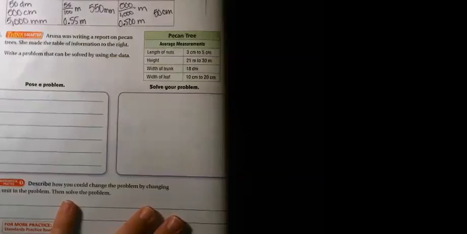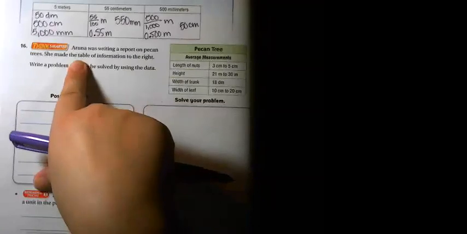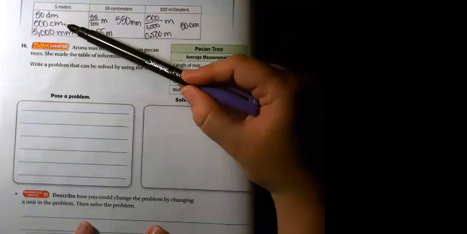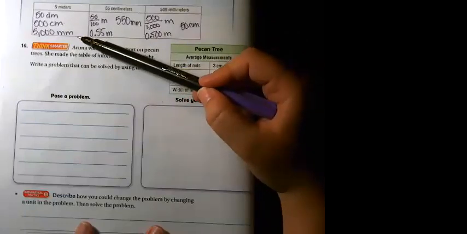So as I go to the next one, I see these are out of meters. And I know from my problems here, I can change meters into decimeters, into centimeters, into millimeters. So decimeters is a really good one to use. So I can use height, the height of a pecan tree. Okay. As I look at the next one, I have decimeters. Well, decimeters can be turned into centimeters or turned into millimeters. So that one would also be a great one to use for a problem.